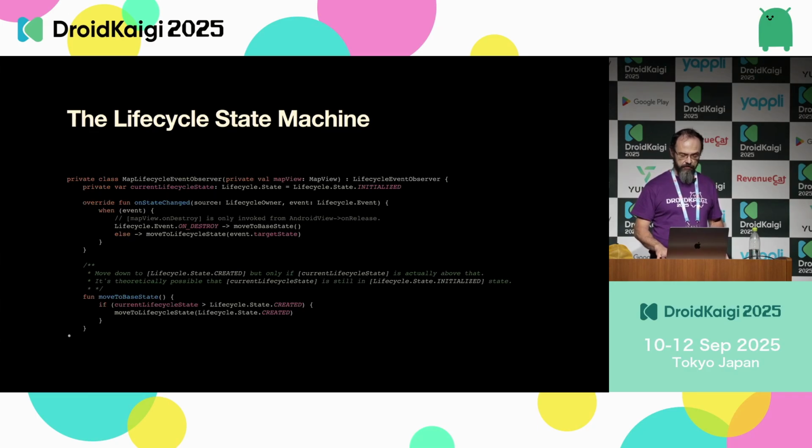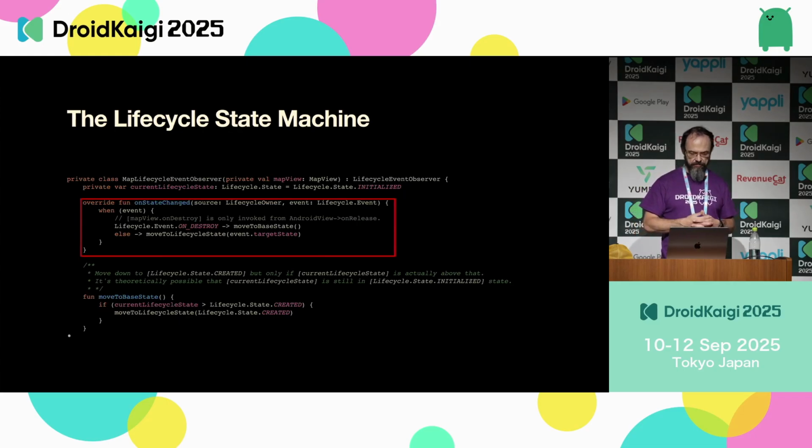Let's see how this part works. This is the MapLifecycleEventObserver that we've seen before. The default value for the current lifecycle state is going to be just Initialized, and we'll have a few methods to help us transition through this state machine. First is, what do we do when the state changes?